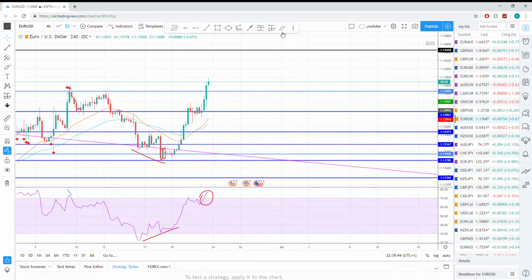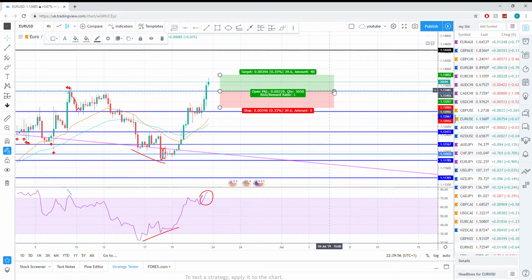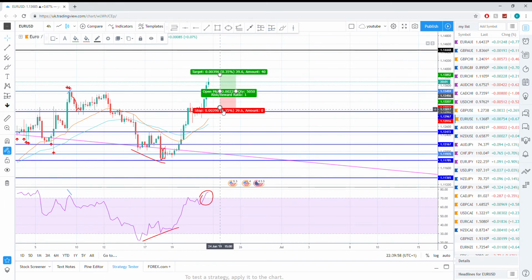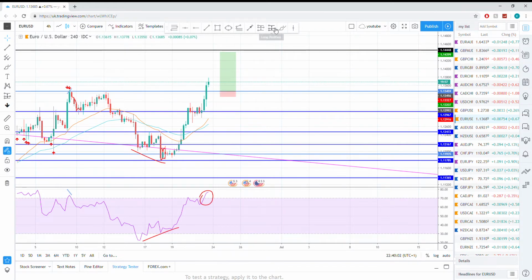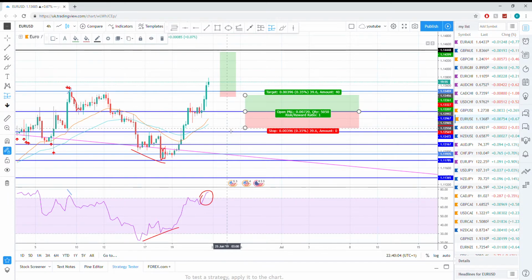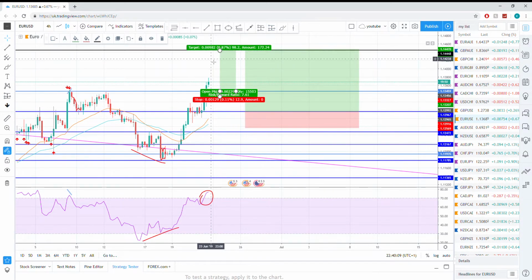Let me just get rid of this. So a possible scenario is we get the price to come back to this point, we get the double test of confirmation before we see the upside, a better position, which means more profit for everyone. Let me get that pinpoint.